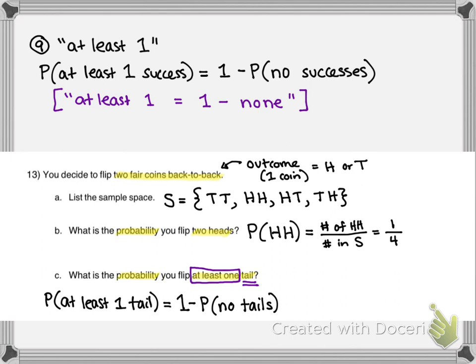So I actually know the probability. I have no tails. No tails is equivalent to HH, right? Heads, heads. That's the only way to have no tails. So based on part B, we know that this would be 1 minus 1 over 4. And if we do that math, we get 3 over 4, or a probability of 0.75.